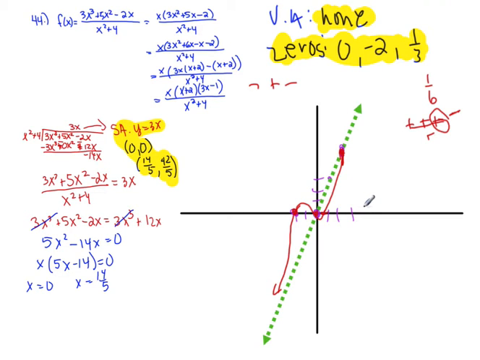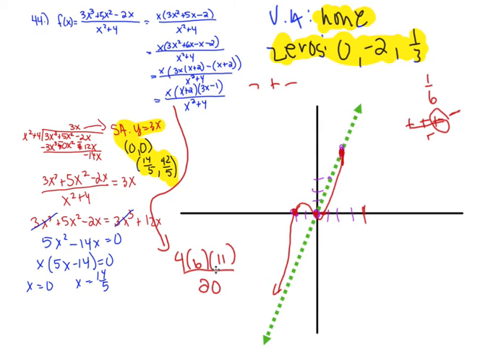Let's check. If I put a value in like 4, what do I get out for my function? Well, here I am sitting without my calculator, just like you guys. If I put in 4, I'd have 4 times 4 plus 2 is 6, times 4 times 3 is 12 minus 1, that's 11, over 16 plus 4, 20.